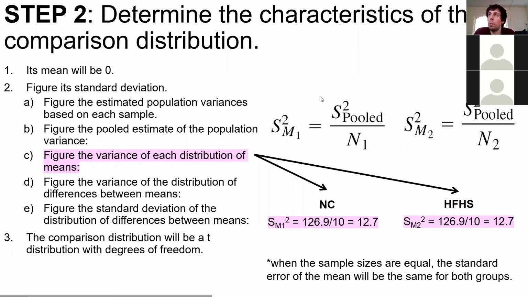And because the pooled estimate of the population variance, S squared pooled, was also the same for both, in this example of equal sample sizes you will have the same estimate for each of the two groups. But you can imagine that if the groups have different sample sizes, like let's say one was 9 and the other was 11, you would have slightly different estimates of the sampling distribution's variance.